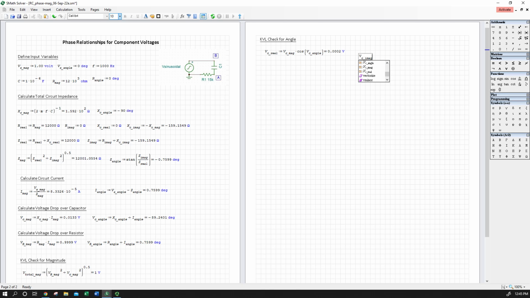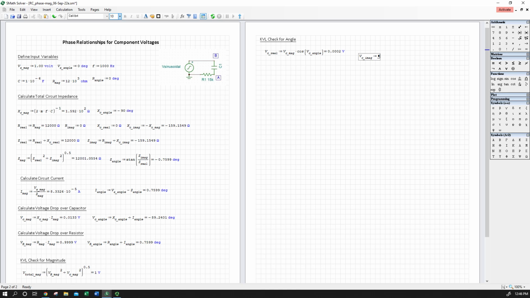imaginary. Now notice this is not the same as what we would have for a pure resistive or capacitive situation, because the current is a blend, and that's what's giving the voltage drop over a capacitor. Even though it's a capacitor, its voltage drop is reflecting the fact that the current angle is being influenced by the resistor. So that's why it's always best to just go through the rules and add things up component by component.